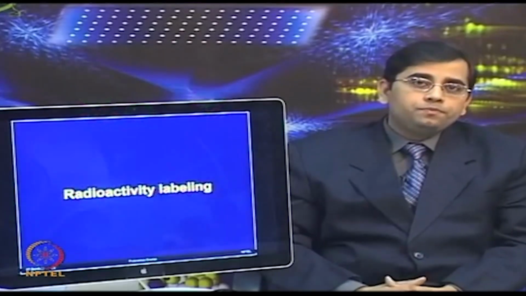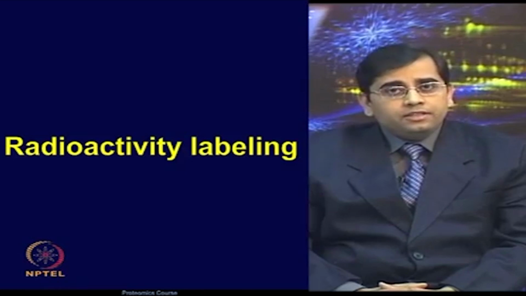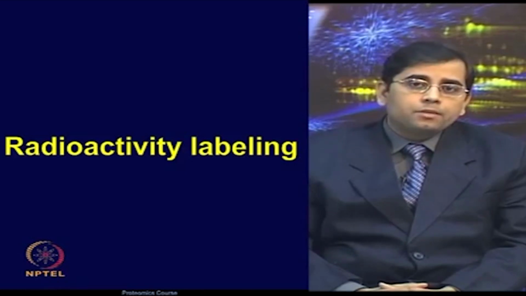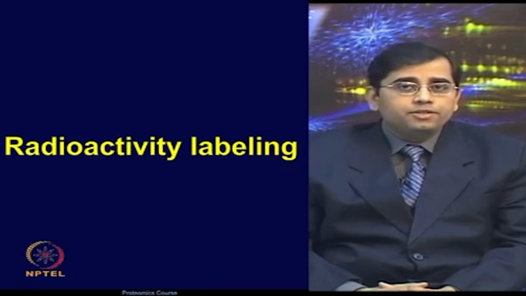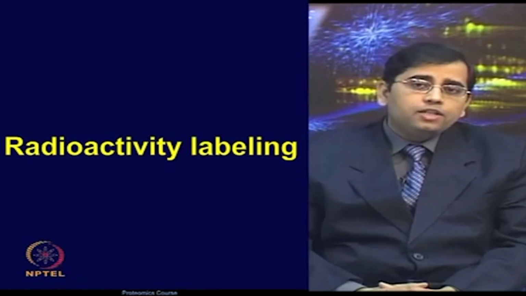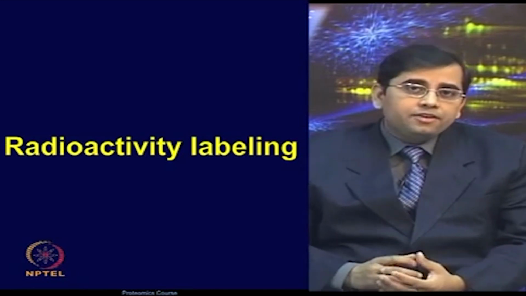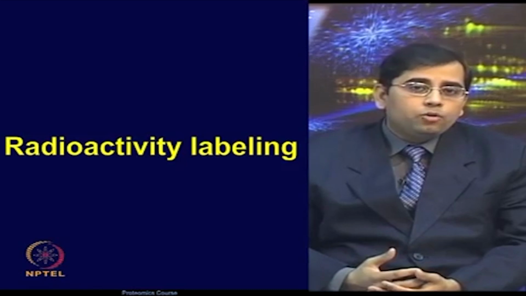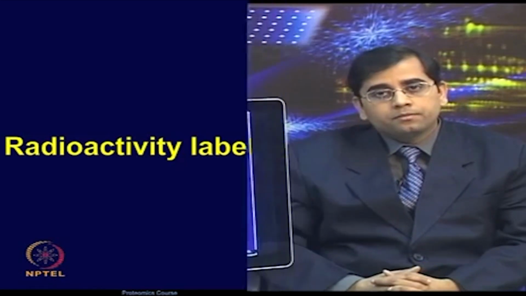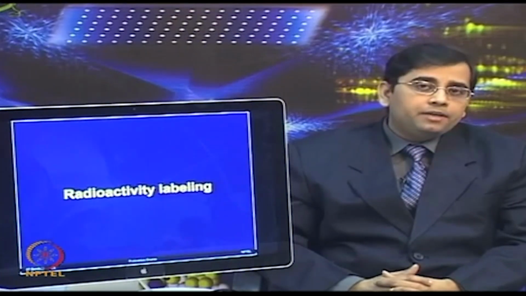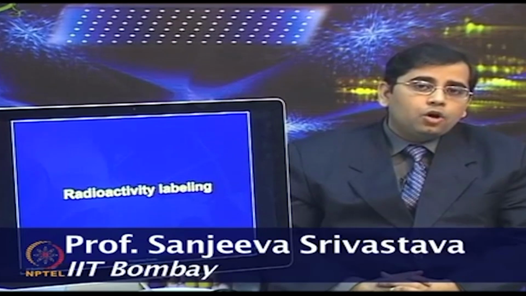Let us now move on to radioactivity labeling. Radioactivity is a process by which certain elements spontaneously emit energy in the form of waves or particles by disintegrating the unstable atomic nuclei into a more stable form. These radiations can be detected by autoradiography or Geiger counter.